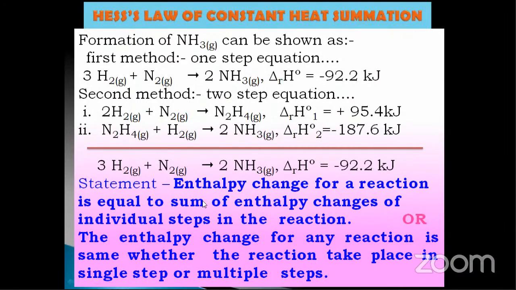Now, first we will see the statement. Enthalpy change for the reaction is equal to the sum of the enthalpy changes for the individual steps, or it can be stated as the enthalpy change for any reaction is same whether the reaction takes place in single step or in multiple steps. म्हणजेच काय, तर एखादी रिएक्शन पहा, आपण इथे एक्झाम्पल कन्सिडर केलेला आहे फॉर्मेशन ऑफ अमोनिया गॅस.